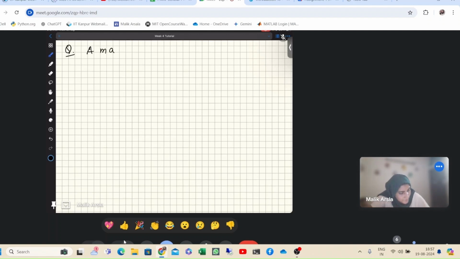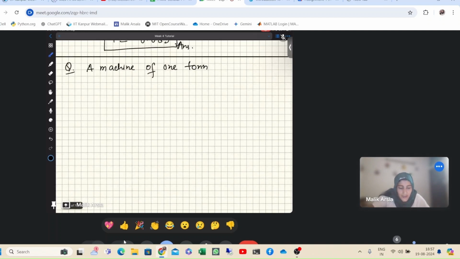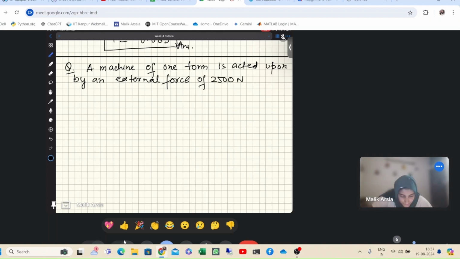A machine of 1 ton is acted upon by an external force of 2500 Newton at a frequency of 1000 RPM.